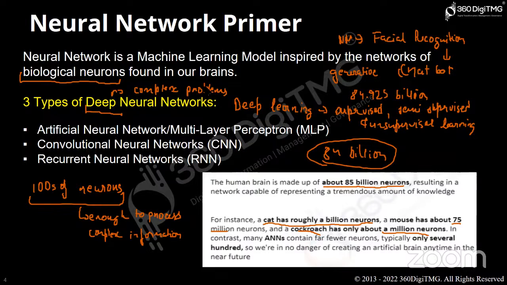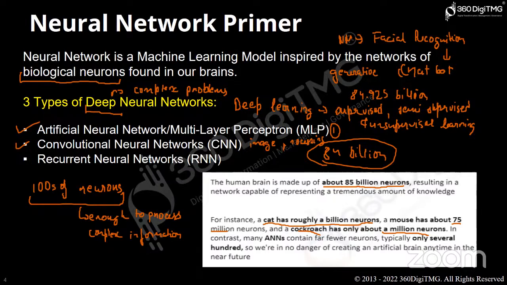Now, deep neural networks can be of three types. You have artificial neural networks or multi-layer perceptrons. So this is what we'll cover today. Then you have convolutional neural networks. These neural networks you'll often see in image processing related problems.